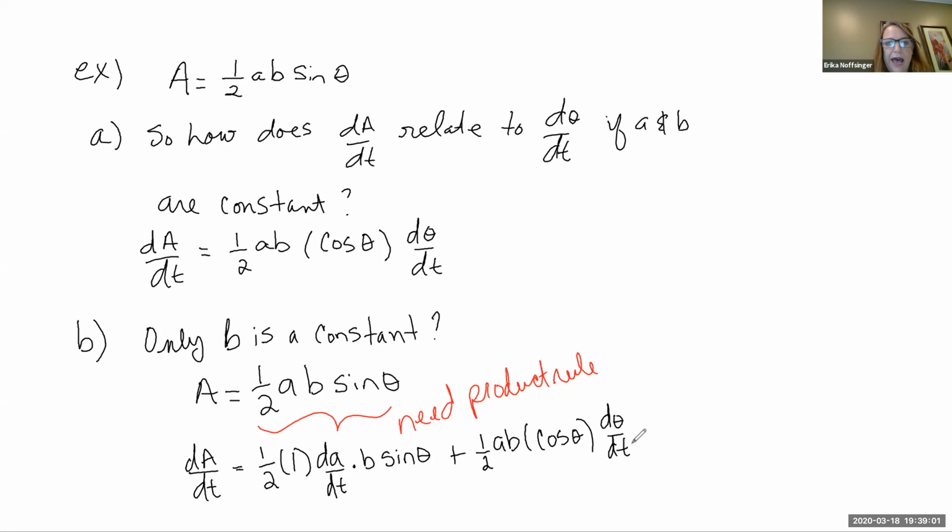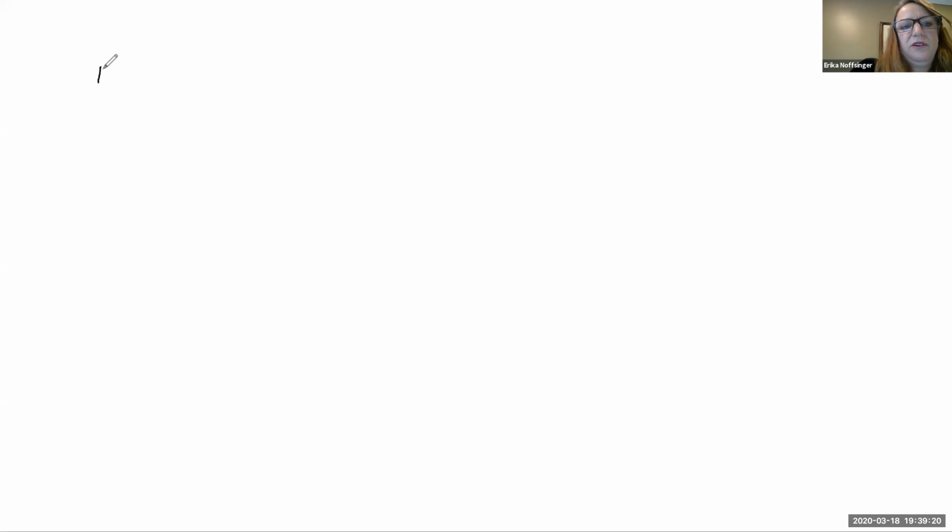And the last one was saying, okay, same equation, but now what do we do if A, B, and theta are all with respect to time? So we have A again is equal to 1/2 AB sine theta.